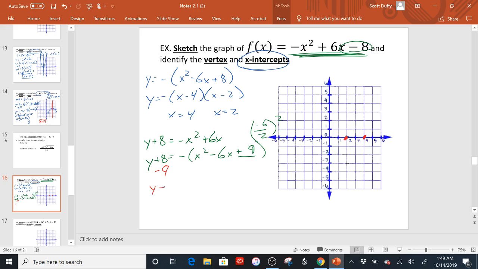And this turns into y minus 1 equals negative, and then this right here would be the same thing as x minus 3 squared. Move the 1 to the other side, make it positive. And I know my vertex is going to be at 3, 1.